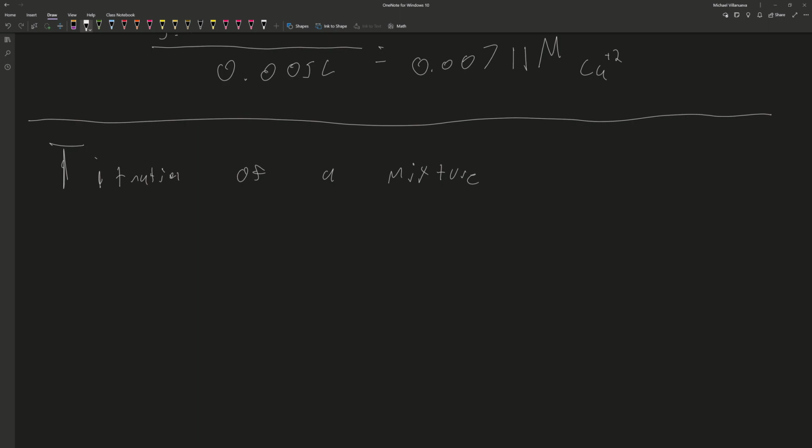So let's say I had Na2CO3 and NaHCO3. So I had both of these inside of a solution.